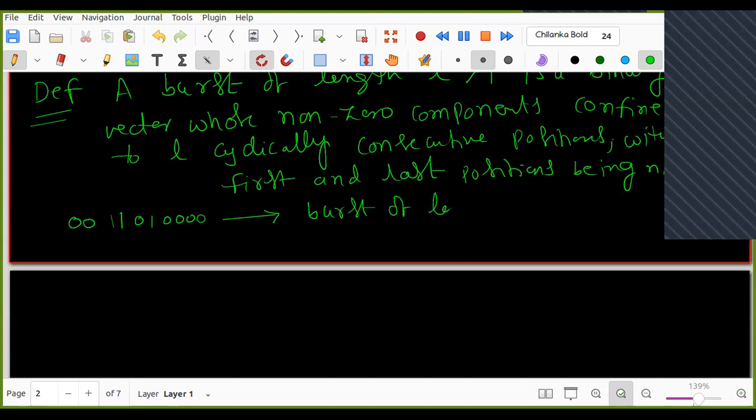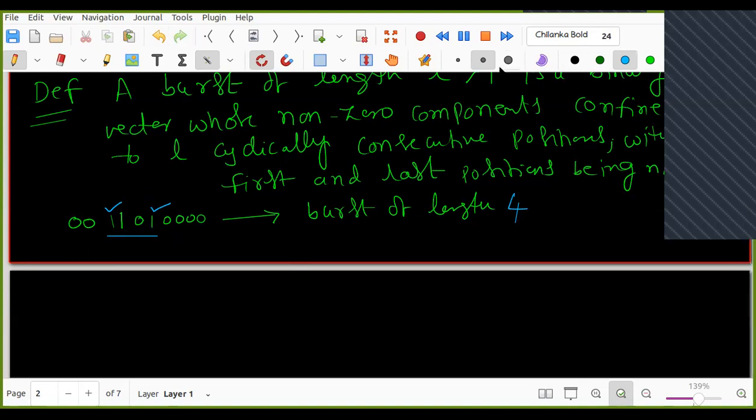Look at this portion. Yes, it is 4. It is a burst of length 4, because this is the first position and this is the last position. These two are non-zero, and the remaining entire thing is the burst of length 4.